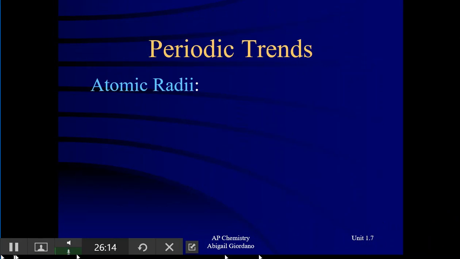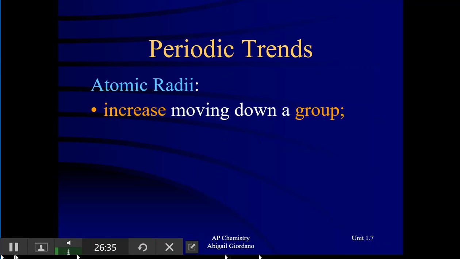Now, this is not a mystery because we have already learned the why behind this trend in atomic radius. When you move from top to bottom, what happens? Atoms gain an increasing number of energy levels, and that must mean the atom is getting bigger.